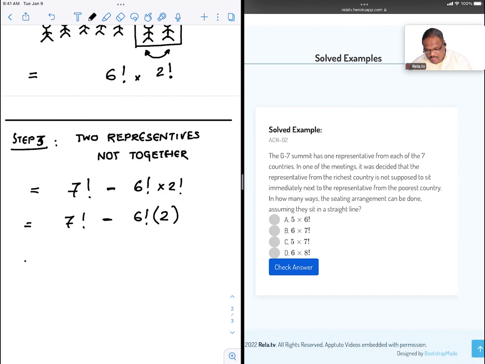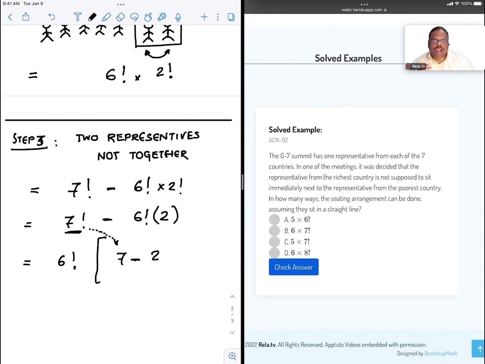So you can call 7 factorial as 7 times 6 factorial.